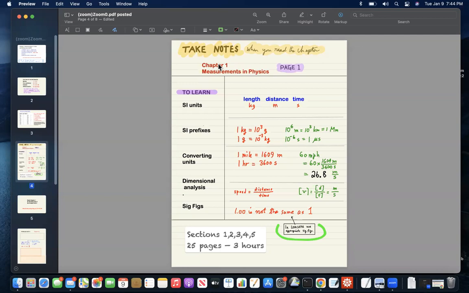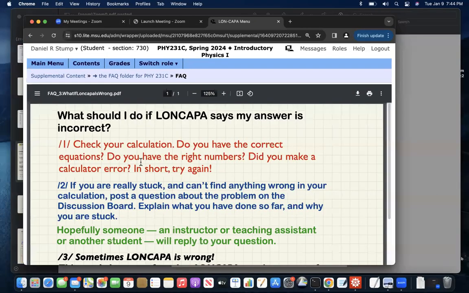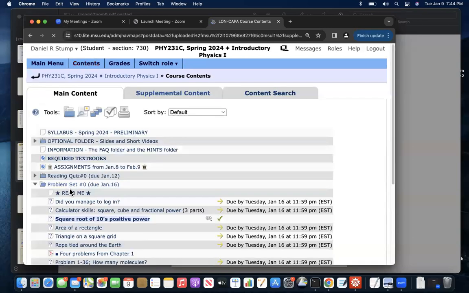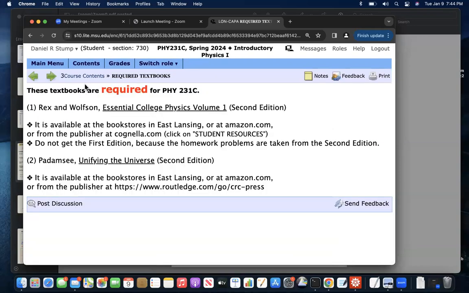Then when you come to the exam, I have a question. How do we know which book to use? Like chapter 1? Chapter 1 means chapter 1 in Essential College Physics, Volume 1.